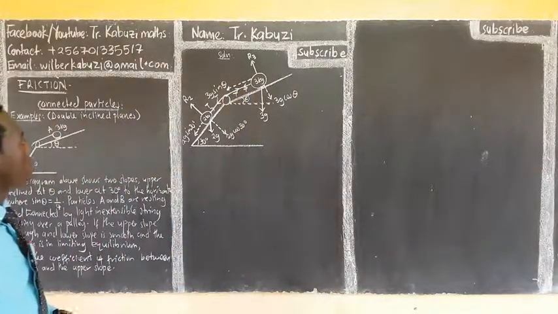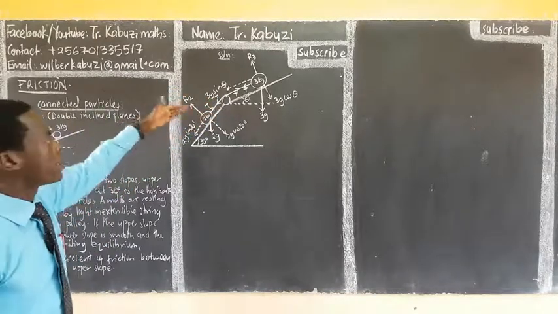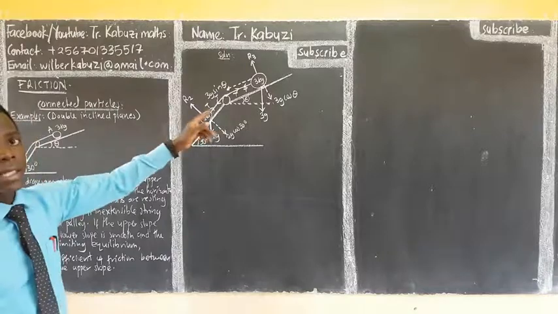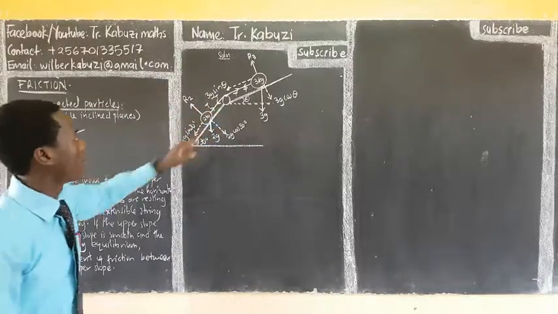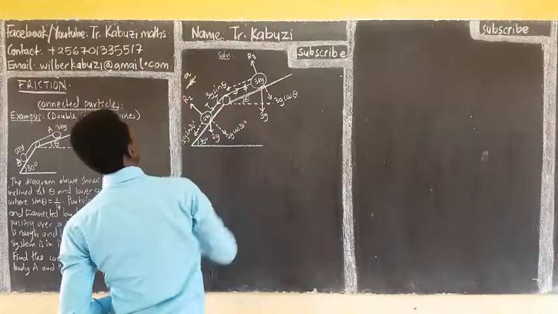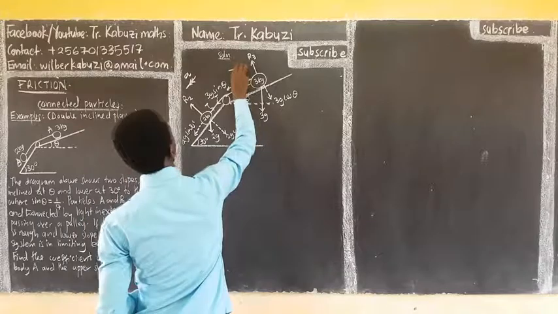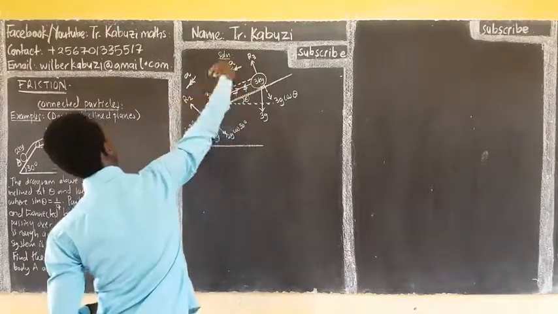Because the body is on an inclined plane, you expect it to move downwards because it's going to slide. If you leave that body there, it's going to slide no matter what. So this one is going to slide in this direction. That's where our acceleration is going to be, and then this one will slide in that direction there. That's where the acceleration will be, and this one also.